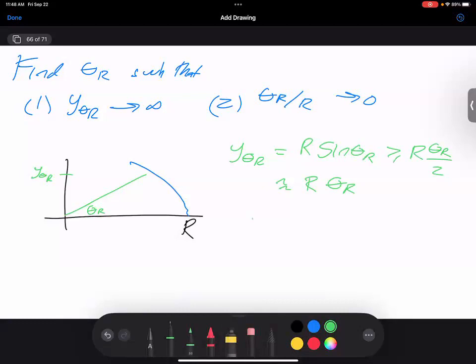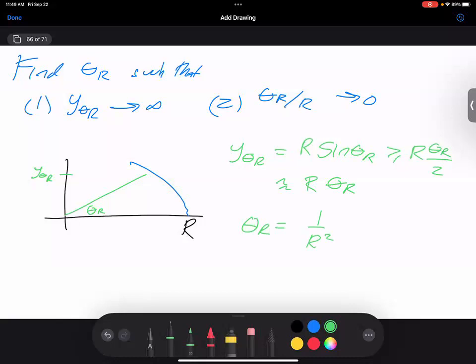So if we take theta r, we want it to be something small. What would be a good choice to take? So if you take 1 over r squared for theta r, if you then multiply by r, you get 1 over r, and y is no longer going to infinity.